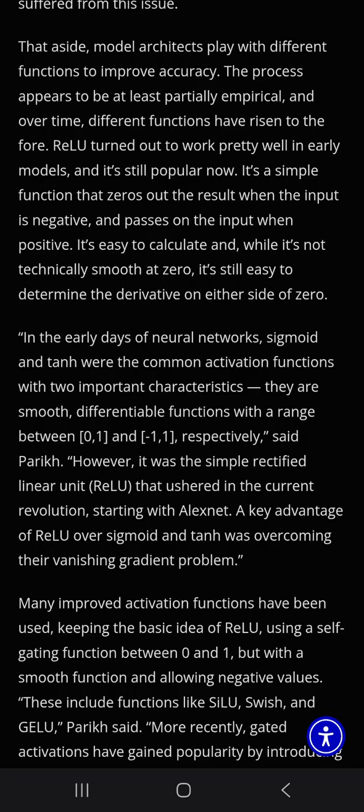In the early stage of neural networks, sigmoid and tanh were the common activation functions, with two important characteristics. They are smooth, differentiable functions with a range between 0 and 1 and -1 and 1, respectively, said Parikh.